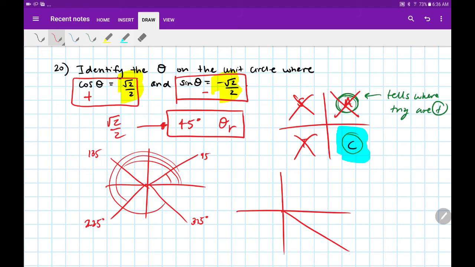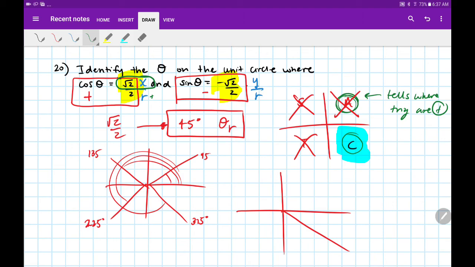Now the other way to figure that out, without using this trick of all students take calculus, is to think about what cosine and sine represent. Cosine is x over r, and sine is y over r. If cosine is positive, that means that my x has got to be positive because r is always positive, correct?